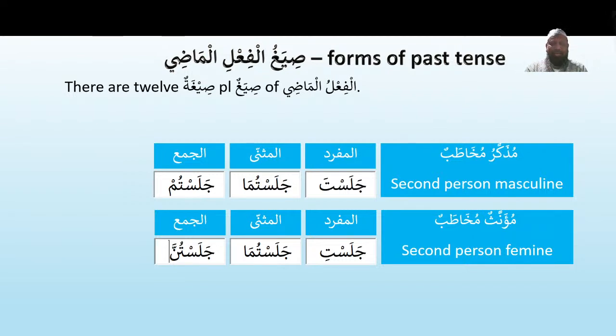So what we're adding is the ad-damir al-marfu al-muttasil, and because we can see them, they are called ad-damir al-bariz.